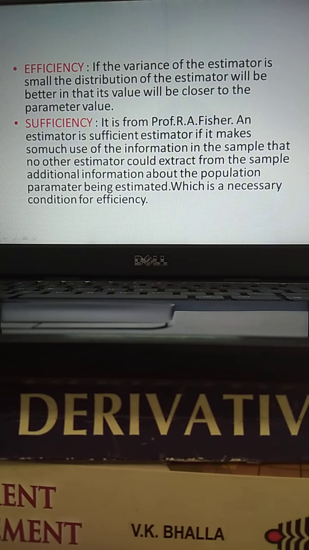So you find more extra information when you refer to an encyclopedia like the Britannica. Understand? So the encyclopedia will be considered a sufficient source as far as knowledge is concerned. In the same way, the formula which provides all the information about the population will be considered a sufficient estimator.